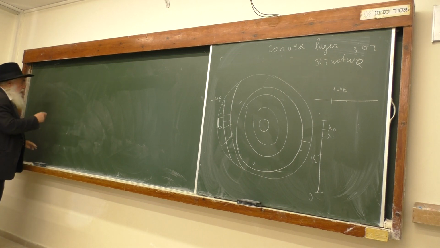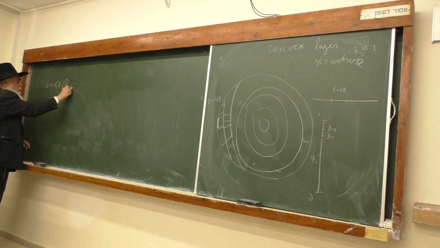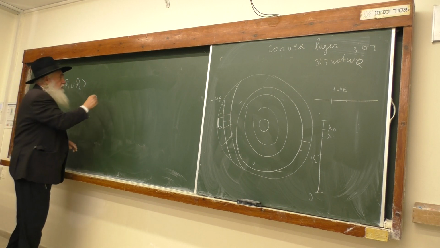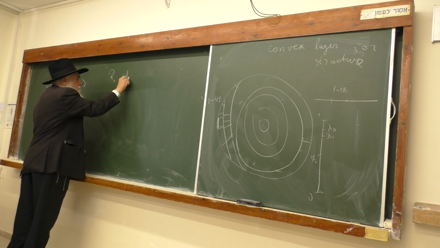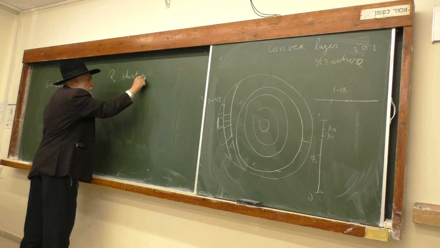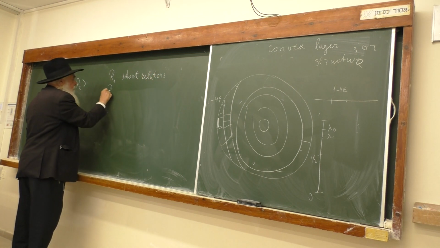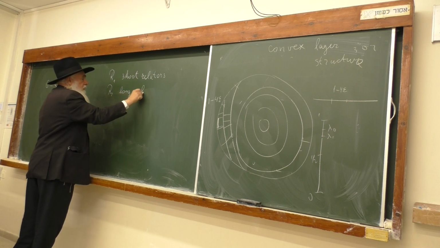So we consider now a group G, given by a presentation where we have R1 and R2. What we mean: R1 are short relators, and R2 are long relators.